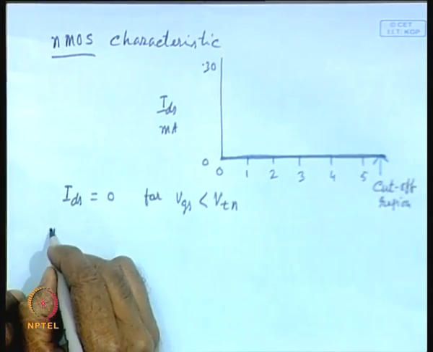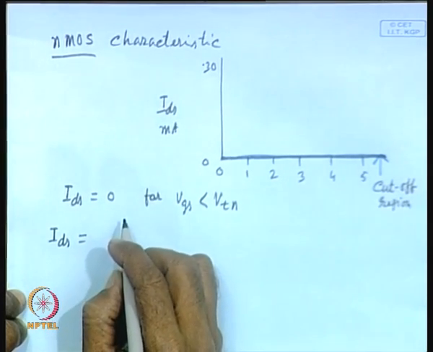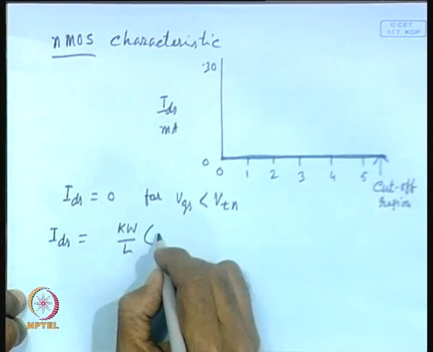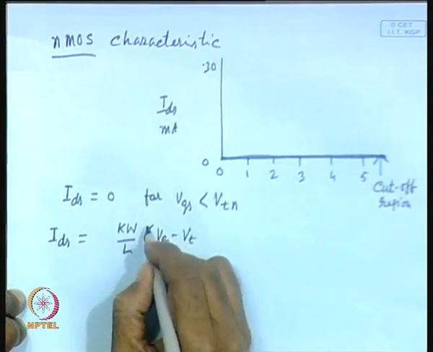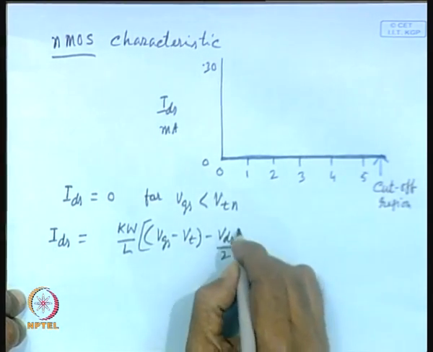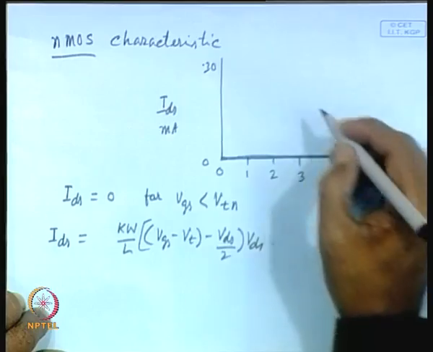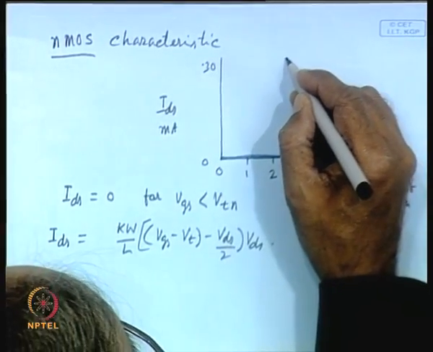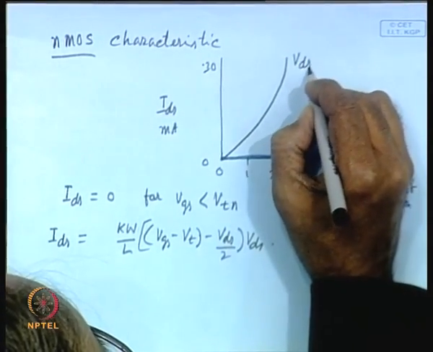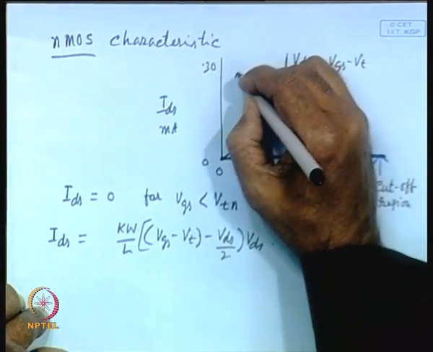Now, in the nonlinear, linear region, IDS is equal to, we have already seen the expression, kW by L into (VGS minus VT minus VDS by 2) into VDS. This part, as we have seen, is separated by a line, which corresponds to VDS equal to VGS minus VT. That means this part is your linear region.